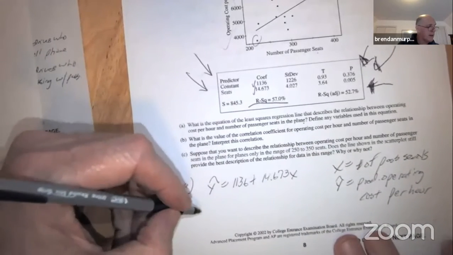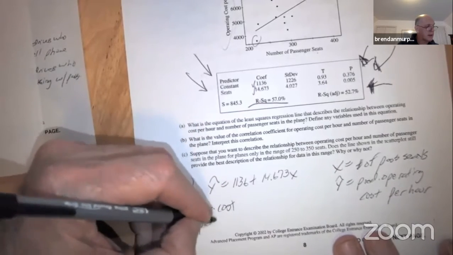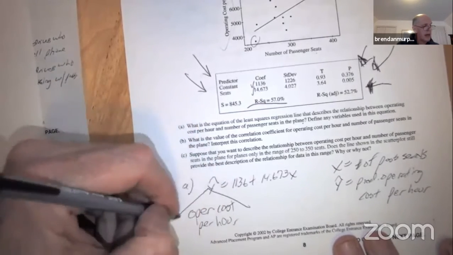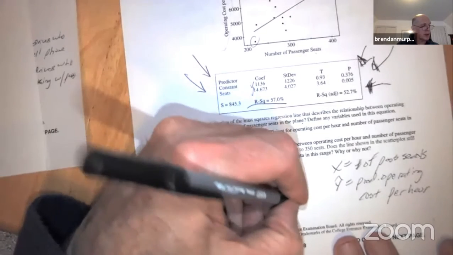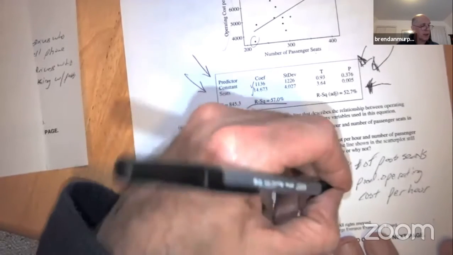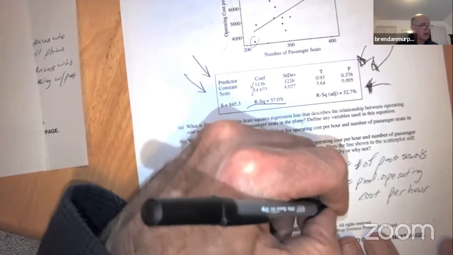So if you said operating cost per hour with a big hat over it equals 1136 plus 14.673 number of passenger seats, or something like that, you're identifying the variables in your equation. That's perfectly fine. That would get full credit.